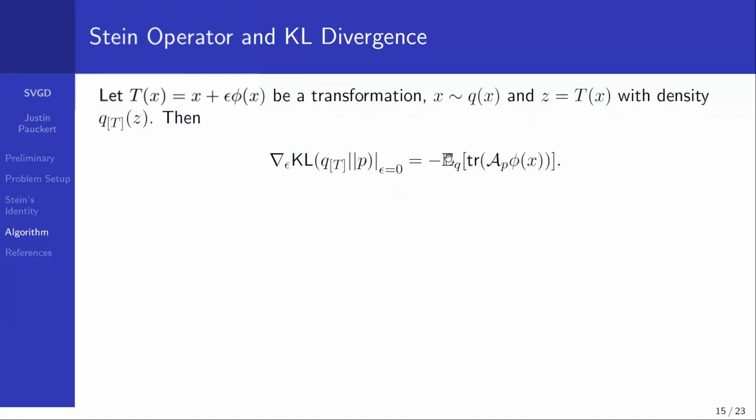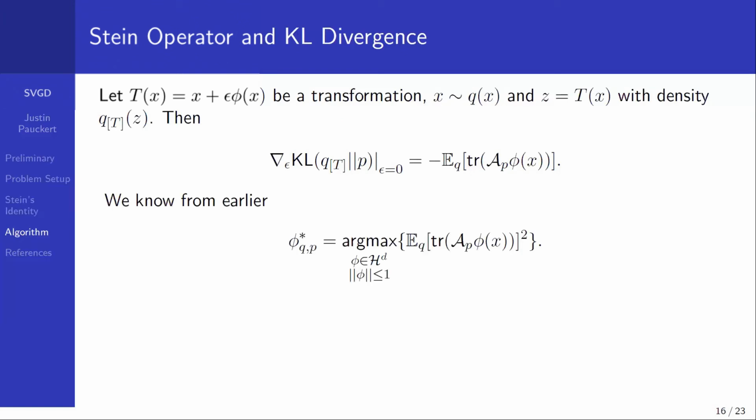And this expression right here should ring a bell to you. So this is an expression that we've come about by now, or at least something that is very similar to it. And this is where the theory of Stein discrepancy actually kicks in. So we remember that for gradient descent, we would like to go into a direction opposite to the gradient, and then we would minimize our error function.